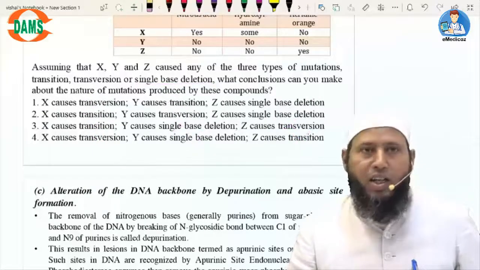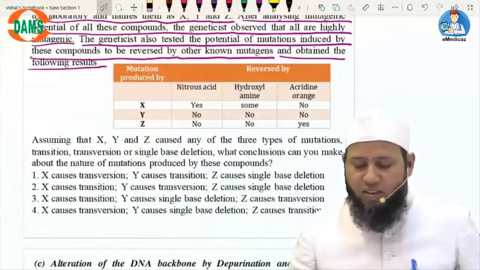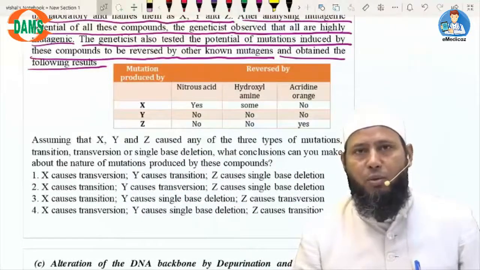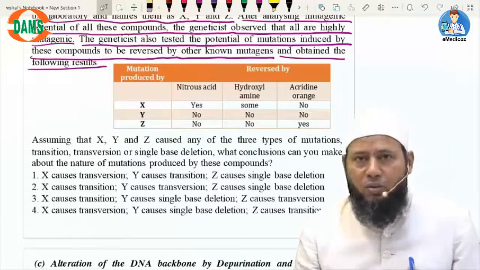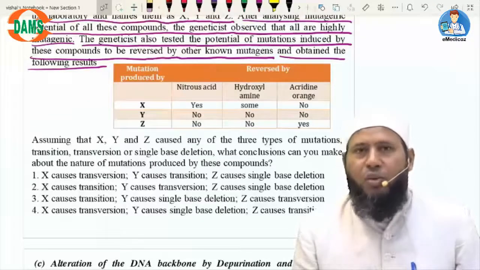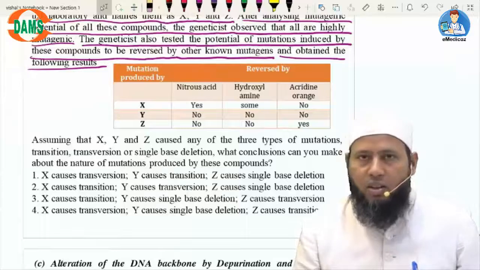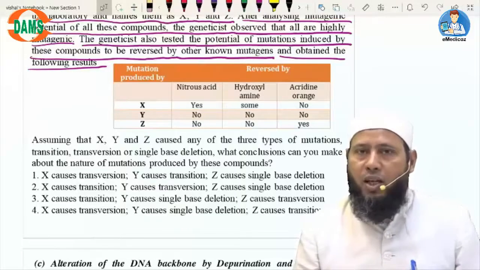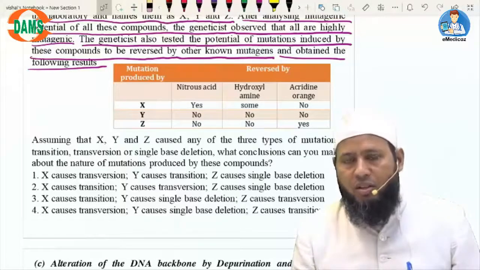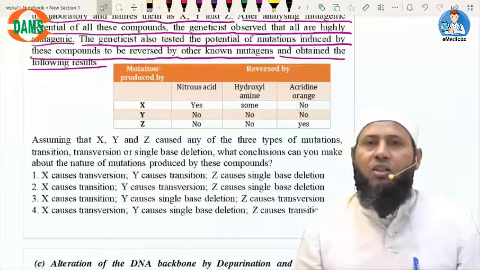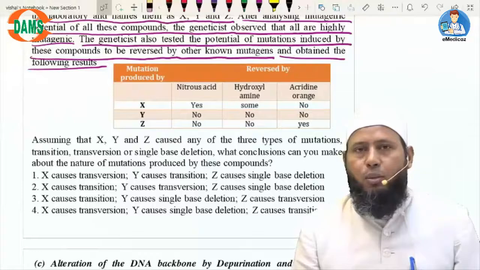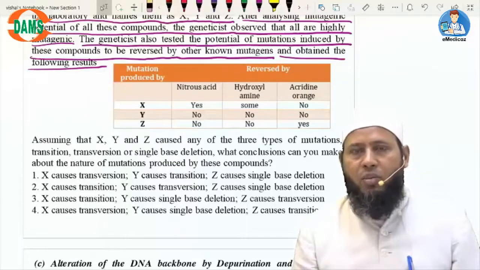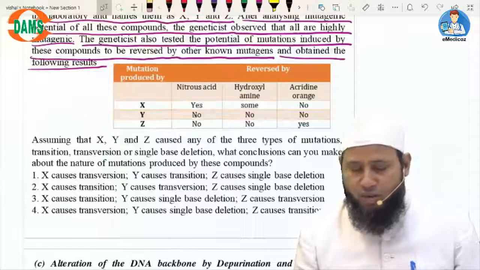So this is the standard kind of question which is asked very frequently in CSIR, not every year, from the section of DNA damage, mutation and repair. Basically this question comes in the section of inheritance biology, but the basic mechanism has to be explained in the fundamental process.